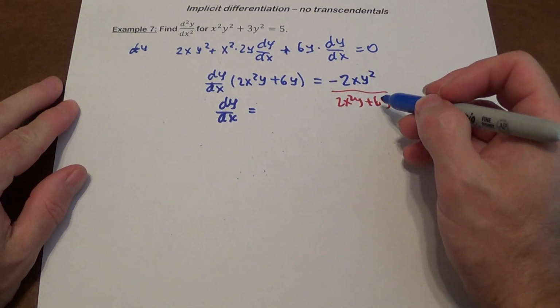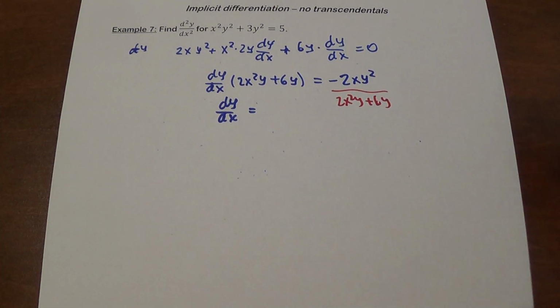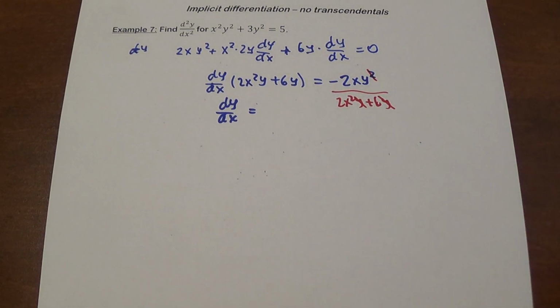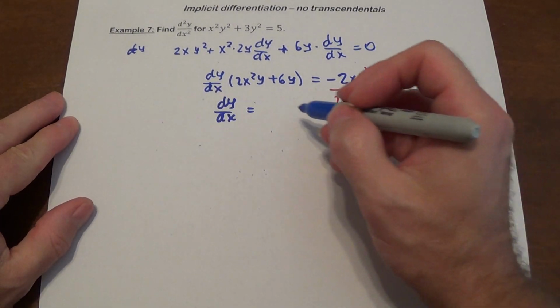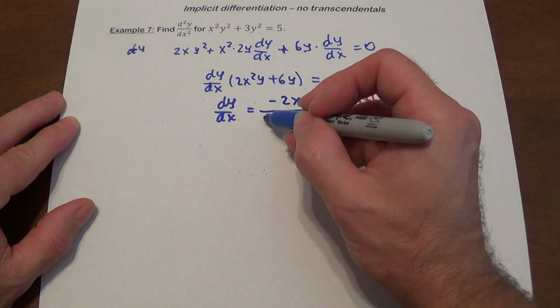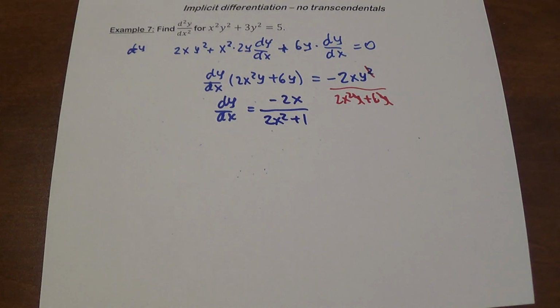Everything divides by 1y, right? So this y cancels, and one of these y's is going to cancel. So this dy over dx is going to be negative 2x divided by 2x squared plus 1. Okay, so that's the first derivative.